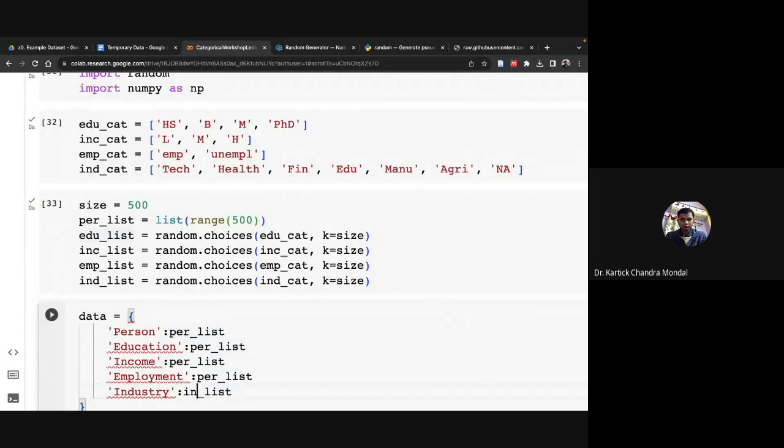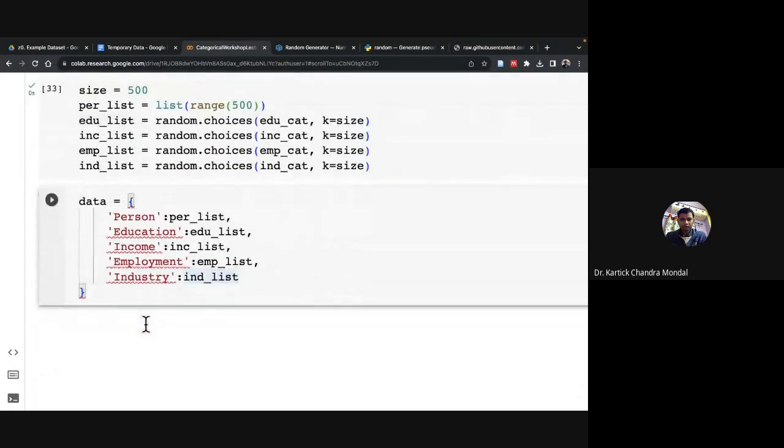So for this IND, for this EMP, for this INC, and for this edu. And now make them comma separated.